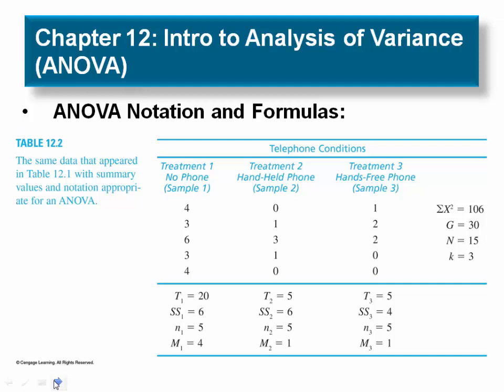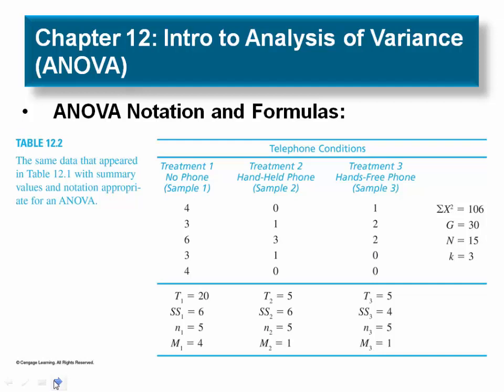Some of the notations will be familiar to you, but there are some new ones to learn because there are more moving pieces within an ANOVA, and we need a notational system to keep track of all the individual scores and totals. The letter K is used to identify the number of treatment conditions, that is, the number of levels of the factor. For an independent measure study, K also specifies the number of separate samples.